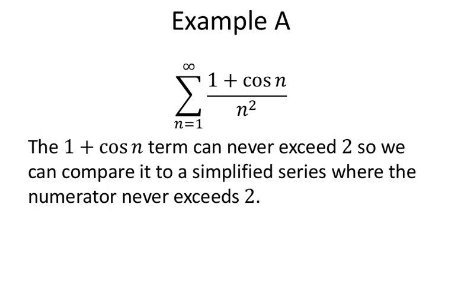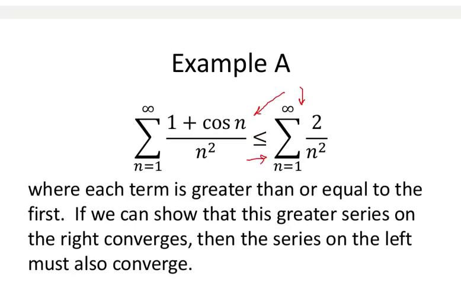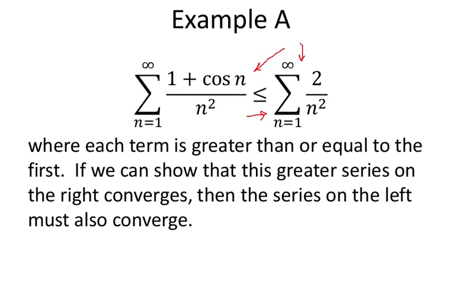So what if we were to replace this with a series where the numerator is a 2 over n squared? Then you would have a series that is greater than or equal to for each term. And if we can find out if that converges, then we know for sure that our series that's less than would also converge.